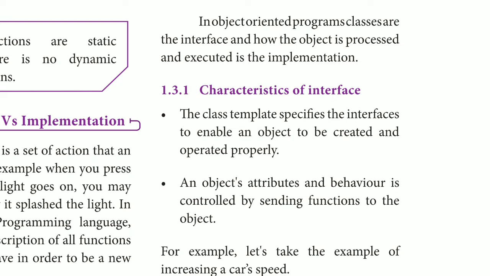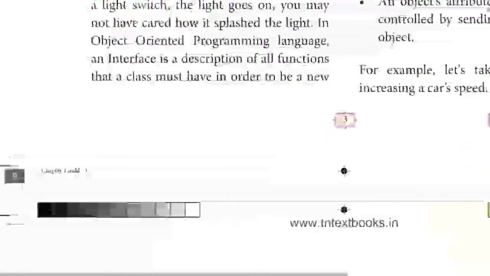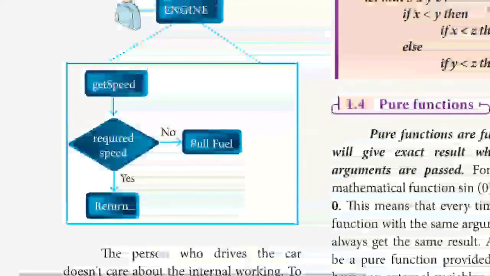The object's attributes and behavior are controlled by sending functions to the object. Here the object has some attributes and behavior, and based on that, the object will send or receive some data. Let us take an example of a car.